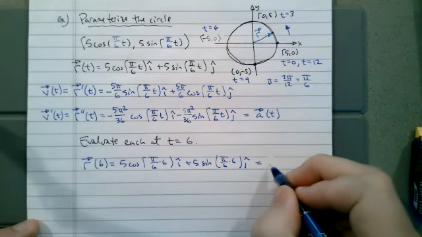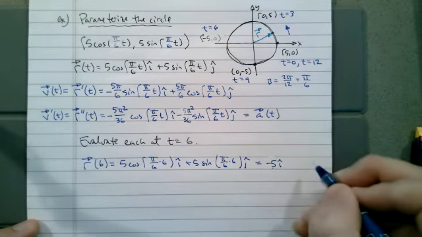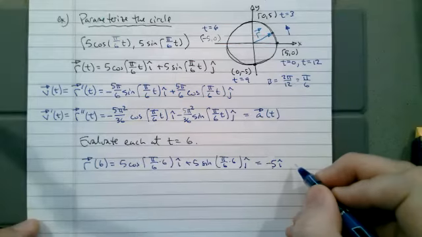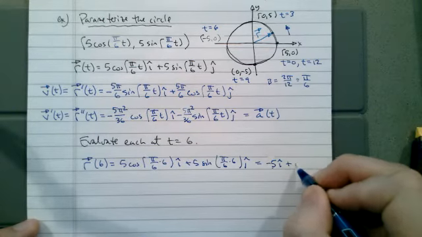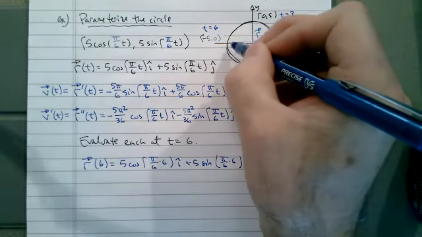So let's write it as a vector. So I'm starting to write things as vectors. So negative 5i plus 0j. Normally wouldn't write that, but we're trying to make a point. So that vector is at negative 5, 0.